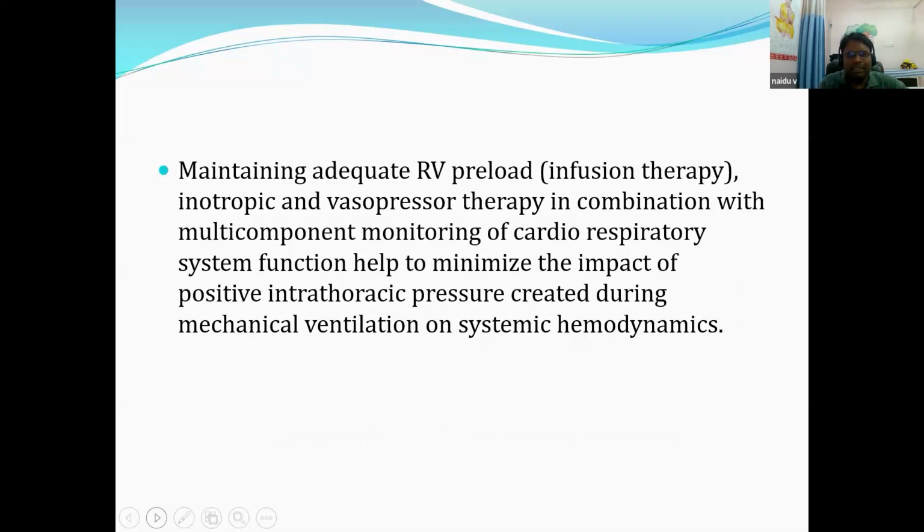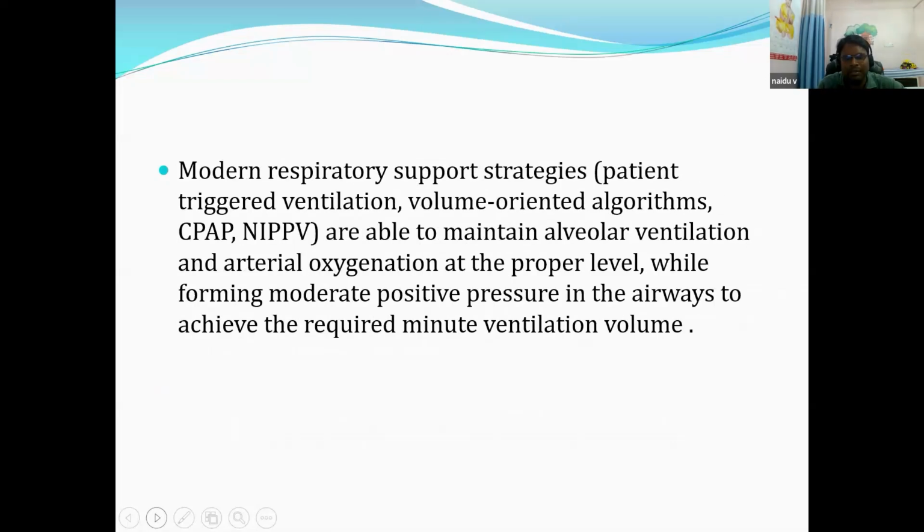During mechanical ventilation, maintain the right preload with inotropes and vasopressor therapy, combined with multimodality respiratory support, to minimize the impact of positive intrathoracic pressure created during mechanical ventilation. In modern patient-triggered, volume-guaranteed ventilation, we are able to maintain alveolar ventilation with oxygen at a proper level while using moderate positive pressure in the airways to achieve the required minute ventilation.